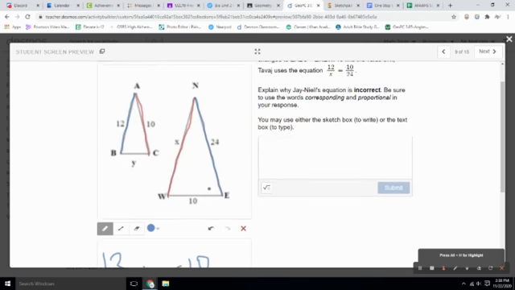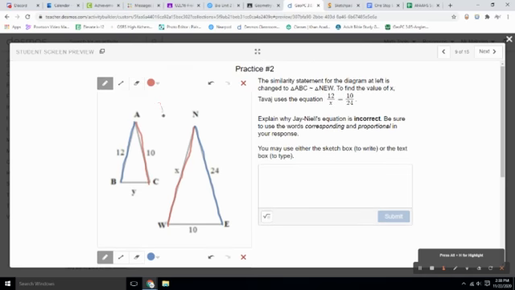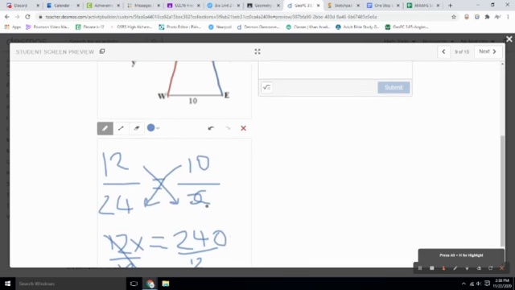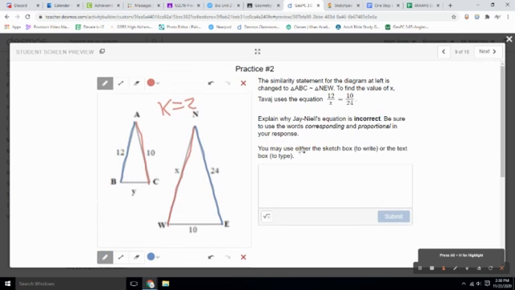Okay, so this time x would be 20, and that would make it proportional. If these two sides are similar, then the scale factor for this one would be 2. So this one would multiply by 2 to give you 24, and this one would multiply by 2 to give you 20. But it's all based upon the way that it is written.